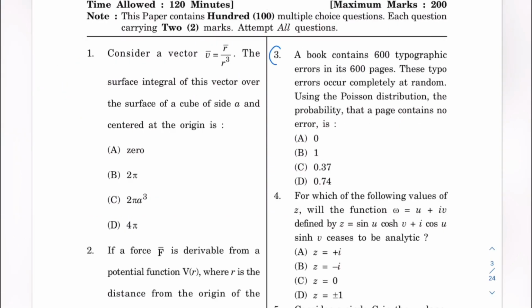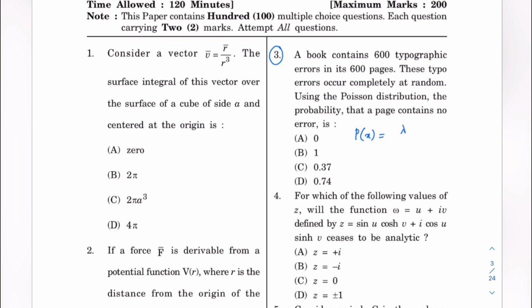Problem number 3. A book contains 600 typographic errors in its 600 pages. These typo errors occur completely at random. Using the Poisson distribution, the probability that a page contains no error is. So a page contains X errors is given by this distribution.